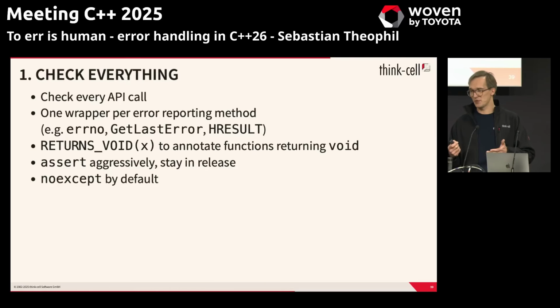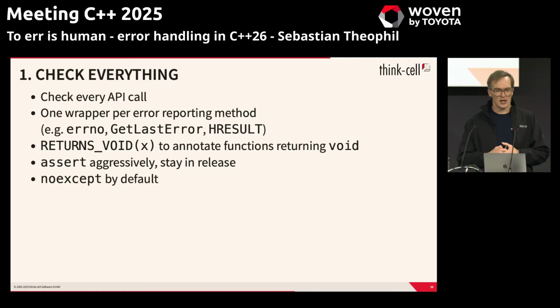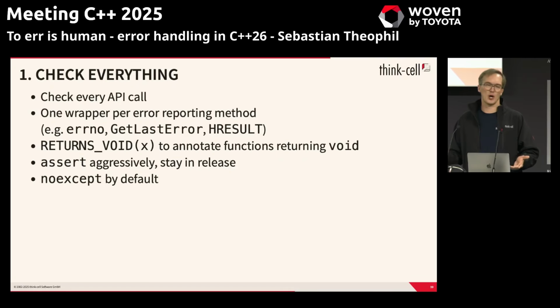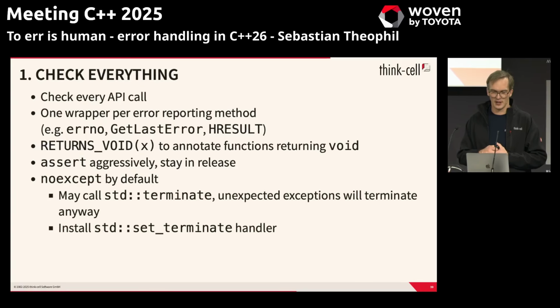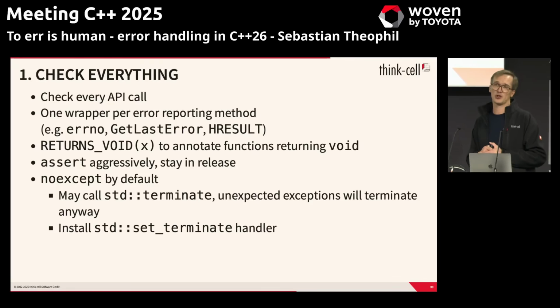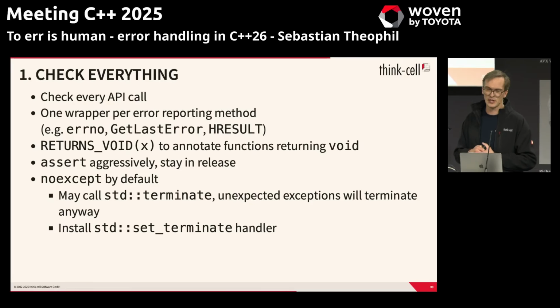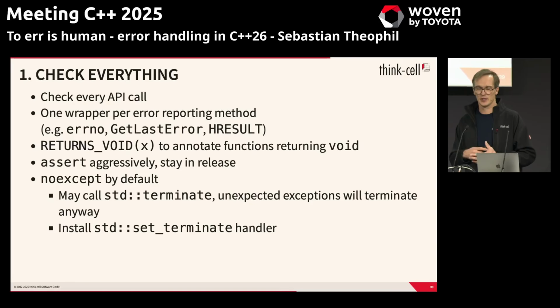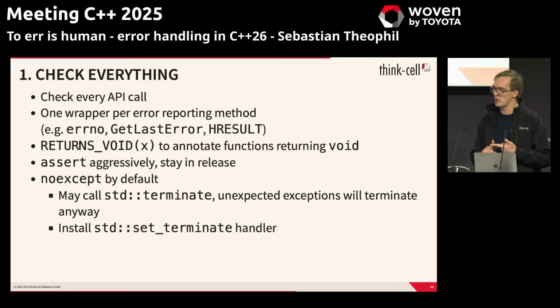We also use noexcept by default to make clear which parts of the code are actually allowed to throw exceptions and which ones aren't. So there are no unexpected exceptions. Writing a noexcept in a place where there shouldn't be a noexcept might lead to a std::terminate, of course. But the reasoning is, again, it's not so security relevant where we work.